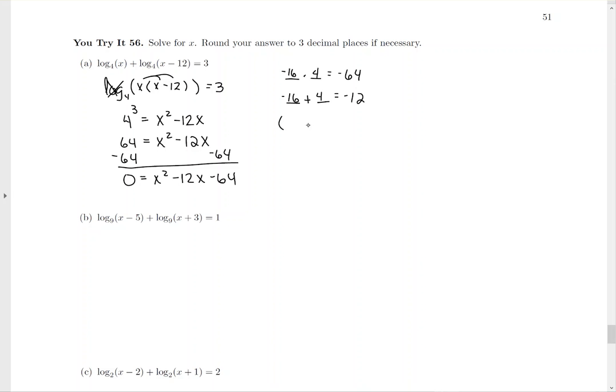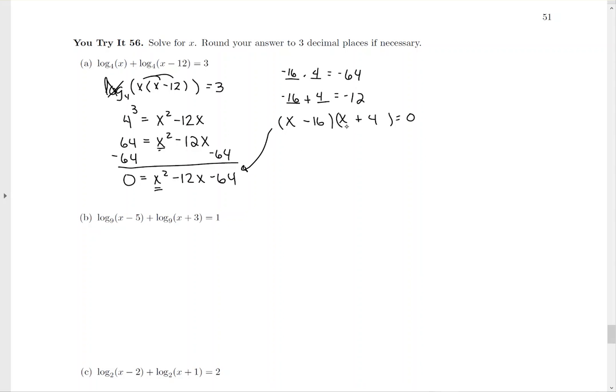So once I have those two values, I can go ahead and factor. x times x is x squared, that's my first term, and then a negative 16 and a positive 4. If I FOILed this out, I would get back my equation, x squared minus 12x minus 64.